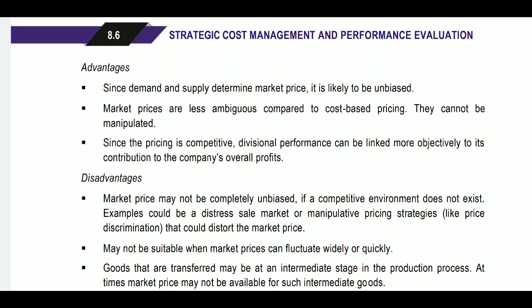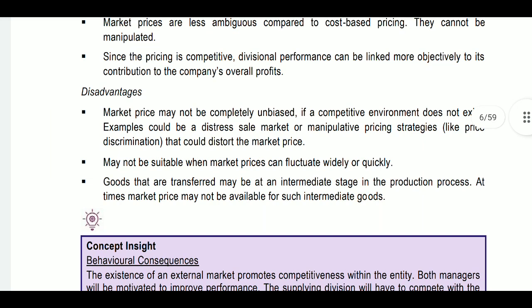If you go for cost based pricing, we will charge only on cost, and they can manipulate it in cost based pricing. They will arrange it. In case of market price, we cannot manipulate because the open market value is known to all. Next, since the market price is competitive, divisional performance can be linked more objectively to its contribution to the company's overall profit.